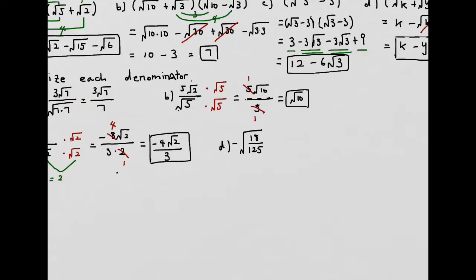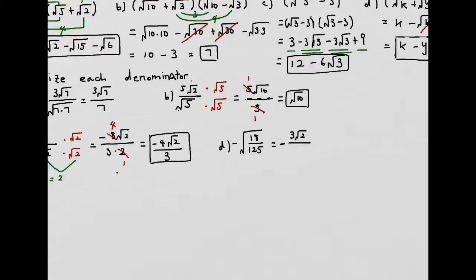What about if you have negative square root of 18 over square root of 125? Well, again, I want to simplify all these radicals first. I see negative, so just copy down the negative. It will not affect anything because it's outside of the square roots. And square root of 18, we just did that, which is 3 square root of 2.